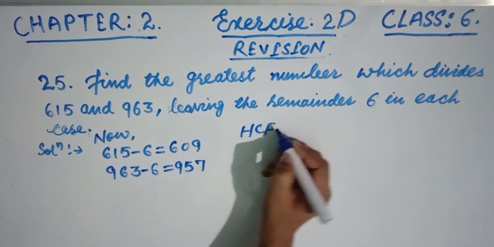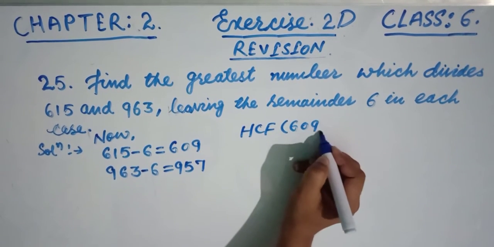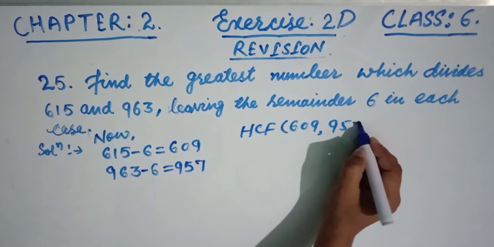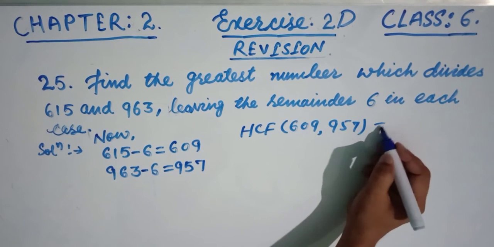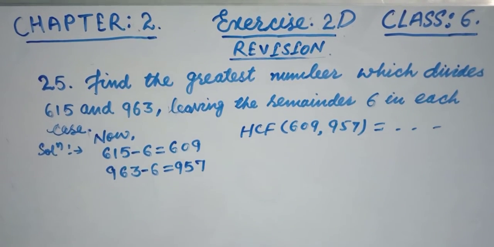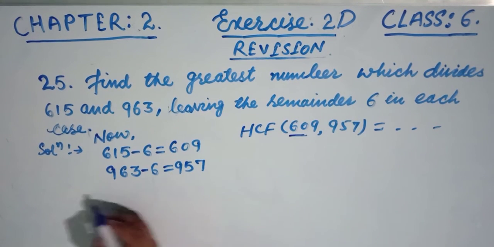So the HCF of 609 and 957 will give us the answer, friends. There are two ways to find the HCF: first the factorization method, and second the division method.